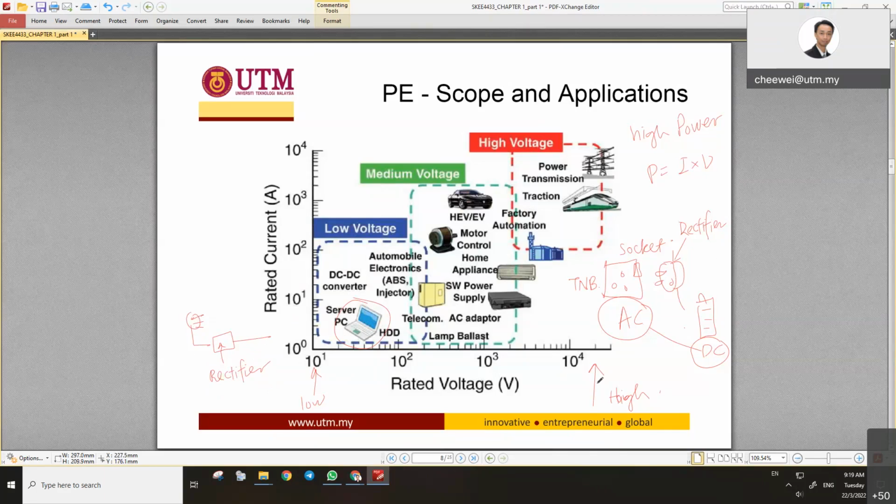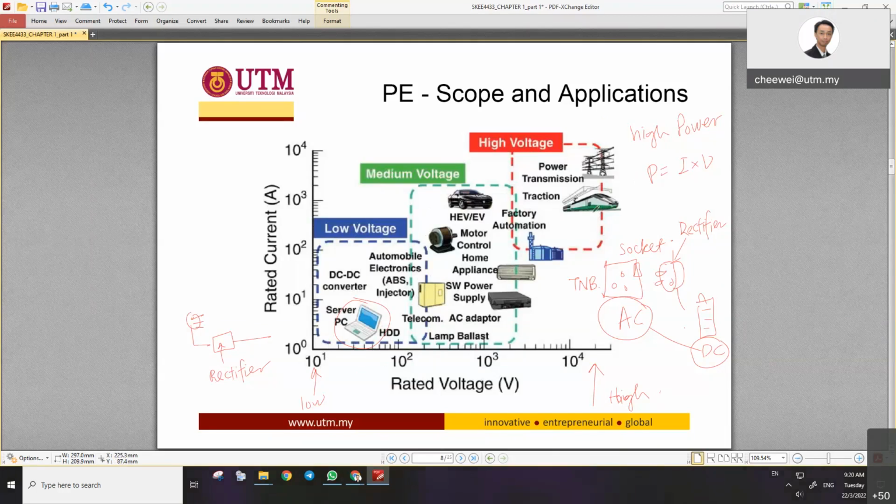And then what else? You can see the pictures and the wording here. The range of application goes from low power to medium power until high power. High power normally refers to power transmission, starting from the power generation, power plants, power stations. Then if we look at electric traction, we have the magnetic trains today, right?